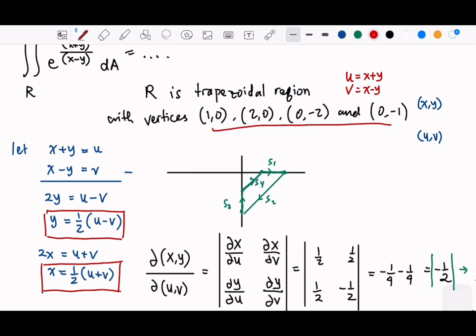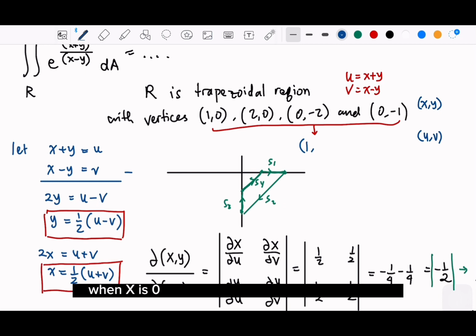Exchange this, and it becomes, so 1, 0. Okay, so 1, 0, u is 1. Okay, and then x minus y, when x is 1, so this will be 1.